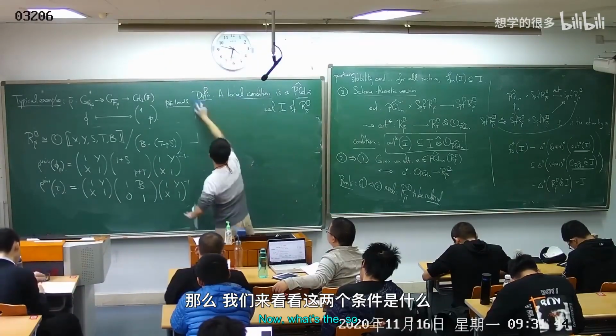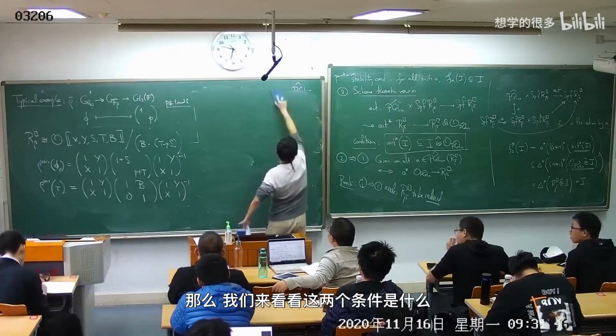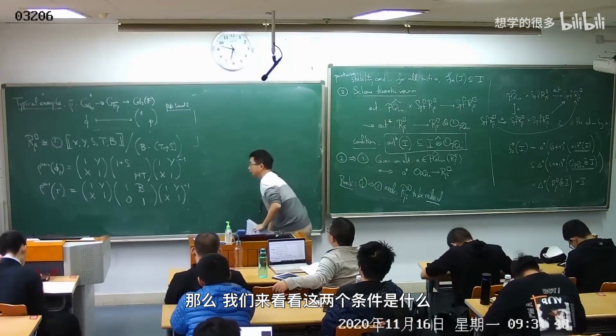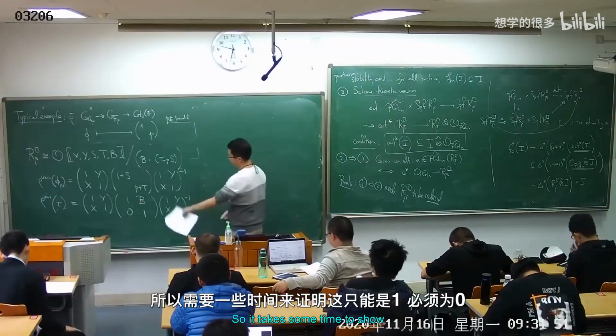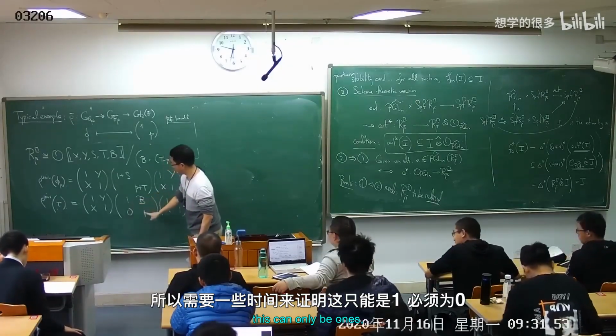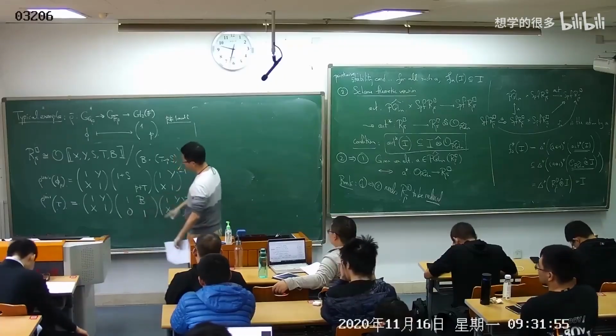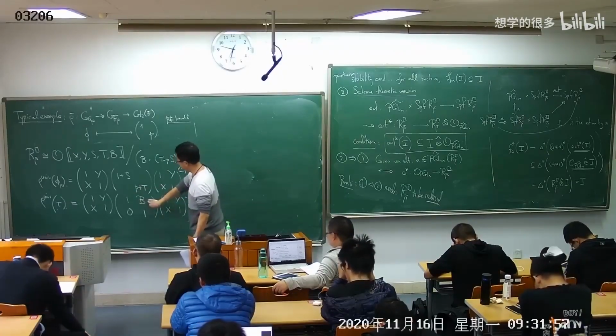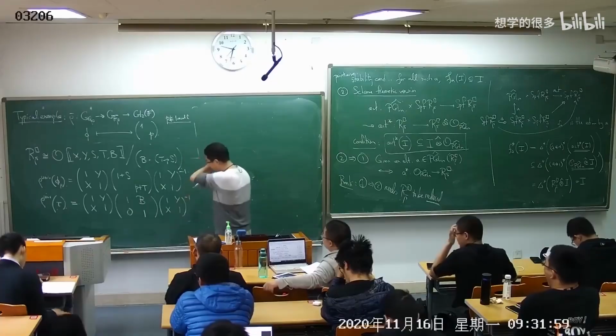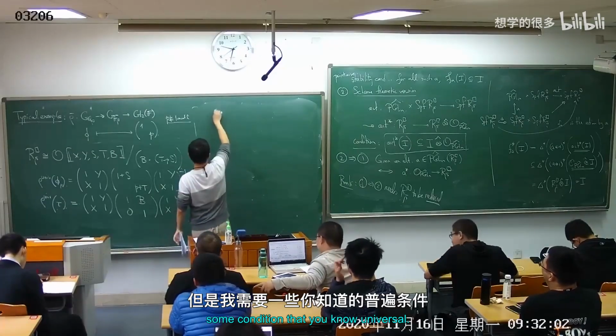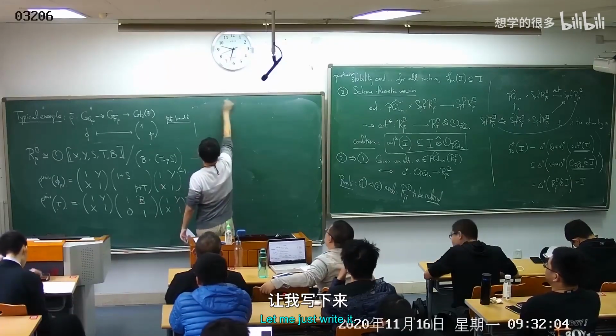Now whenever you have these two, let's check what the conditions are. It takes some time to show these can only be 1s, the other has to be 0. I'm not going to skip all that. So you have some b here, but then I need a condition on the universal one.